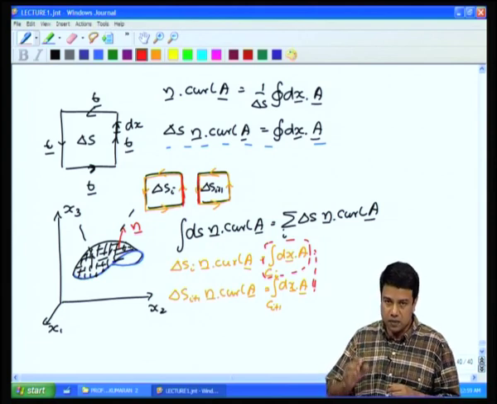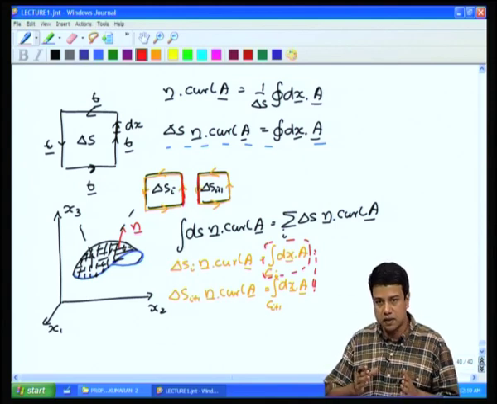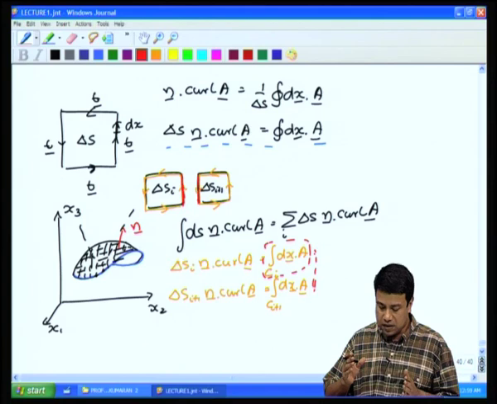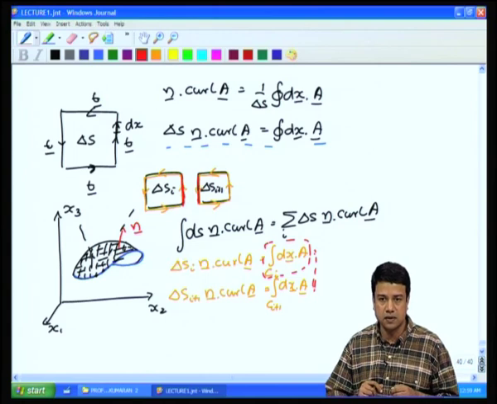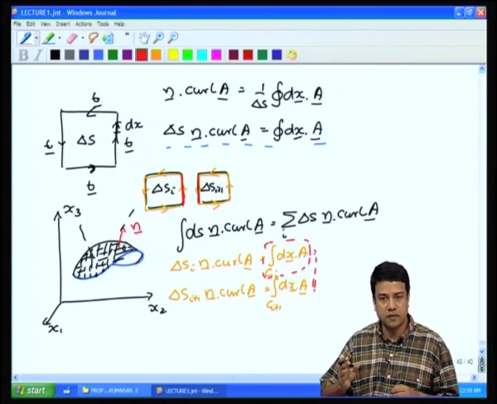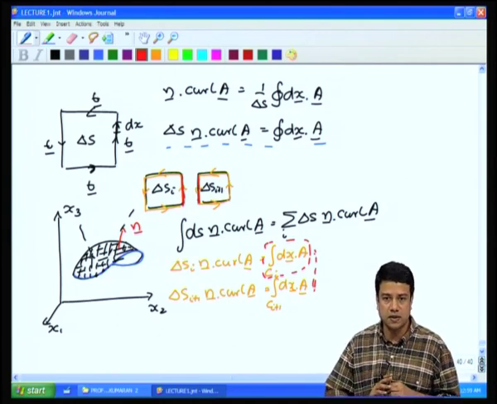All pieces of the contour that are in between two adjacent patches, the direction of the tangent vector will be opposite if you use the correct right hand rule, whereas the value of the vector itself is the same. So, these two will cancel out on all adjacent patches.